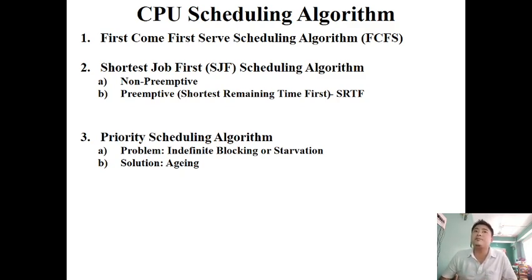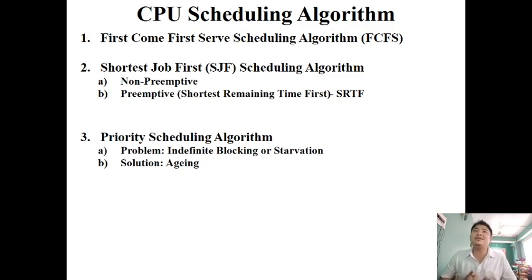Whereas in case of priority scheduling algorithm, starvation or indefinite blocking occurs in a situation where every time some process is coming into the system, and there may be some process having very low priority, and such a process will never get a chance to execute, or in other words, will never get a chance to use the CPU to complete its execution.